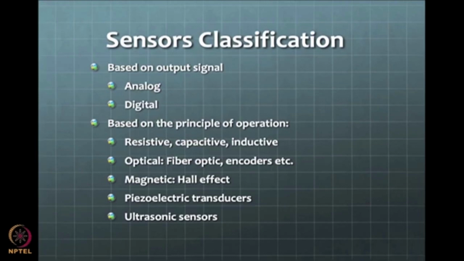So for analog, to read it into a microcontroller or the digital domain, you need some kind of conversion to be done, whereas digital numbers you just need some way to read, but no conversion will happen. Okay, so these are the two domains of output that a sensor can have.